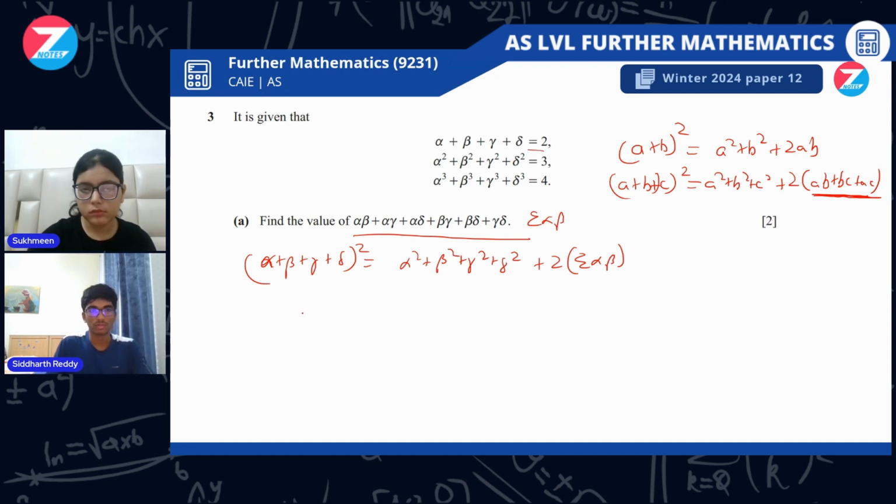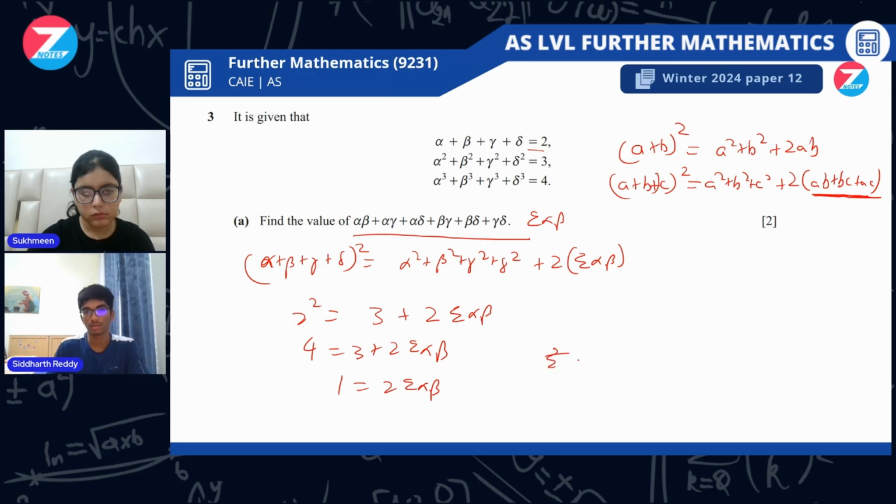So we know this is 2. So 2 square is equal to 3 plus 2 sum alpha beta. So this 4 is equal to 3 plus 2 sum alpha beta. So 1 is equal to 2 sum alpha beta. And the sum of roots taken 2 at a time is equal to 1 by 2.